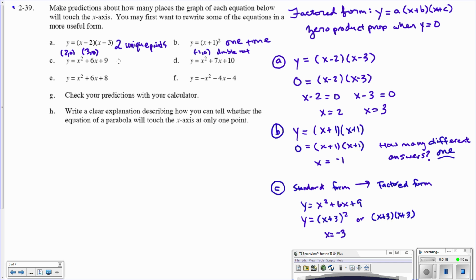So this one's only going to touch one time as well. That point where it touches the x-axis is going to be (-3, 0). And this one's also going to be a double root.